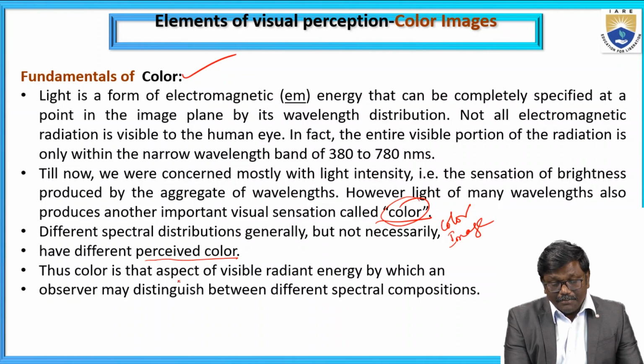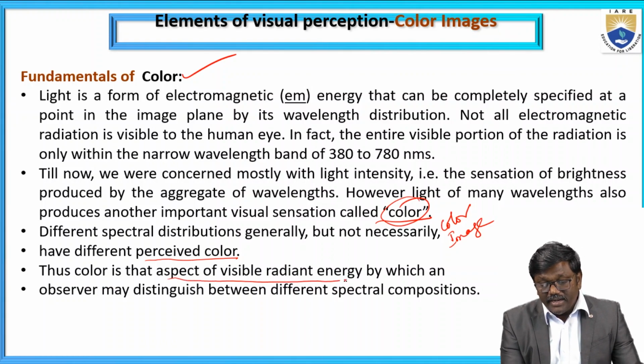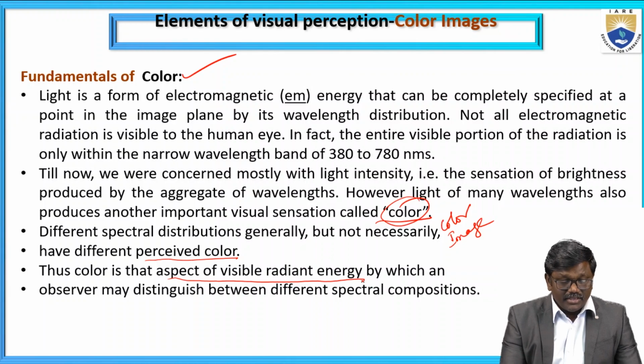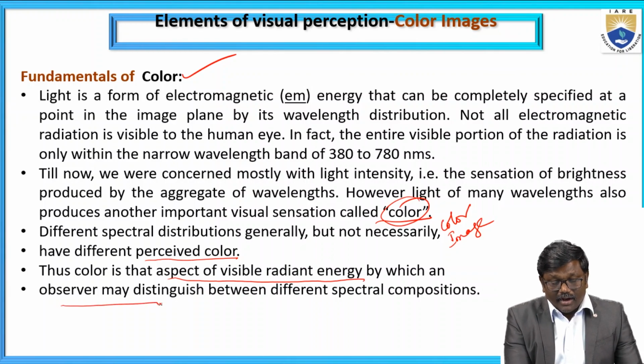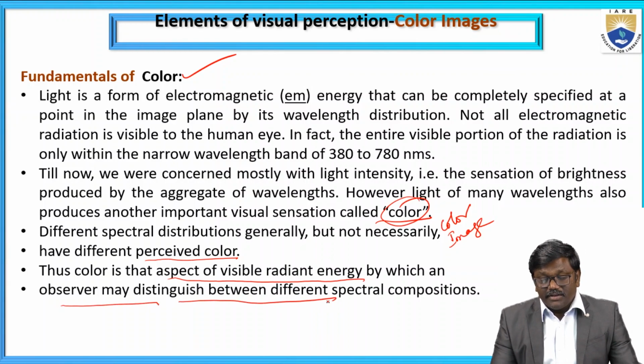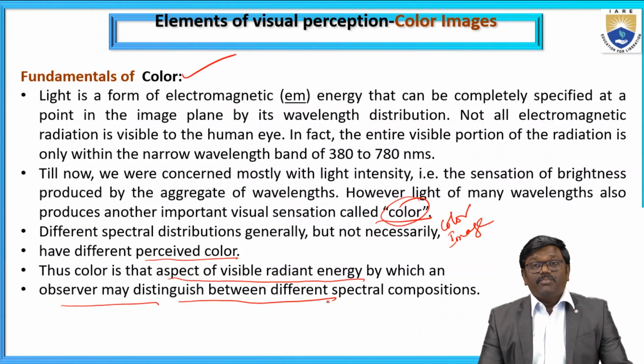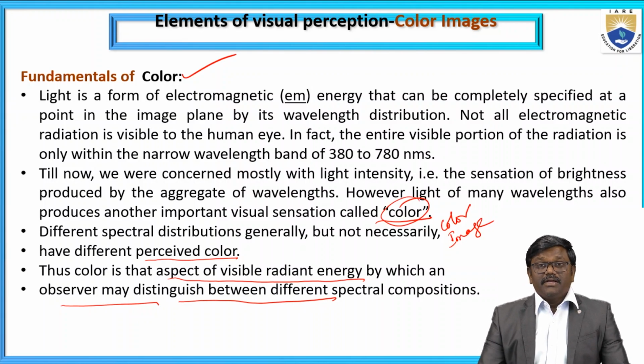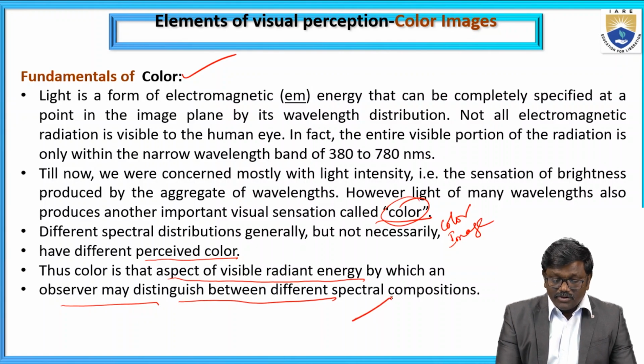Color is the aspect of visual radiant energy by which an observer may distinguish between different spectral compositions, which helps us understand color image variations.